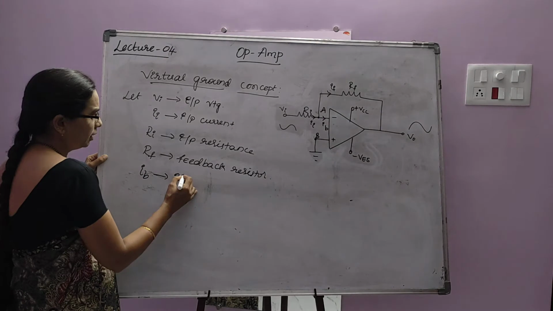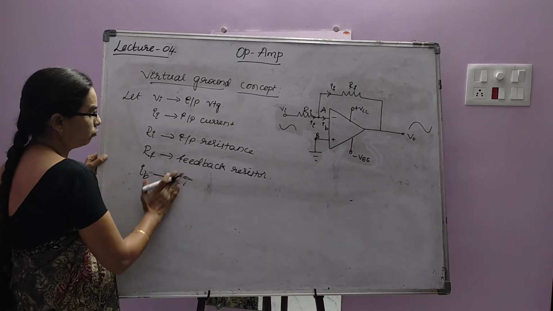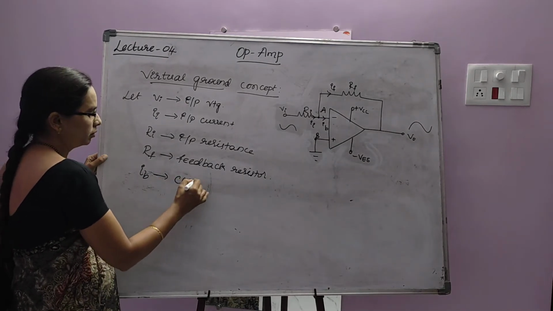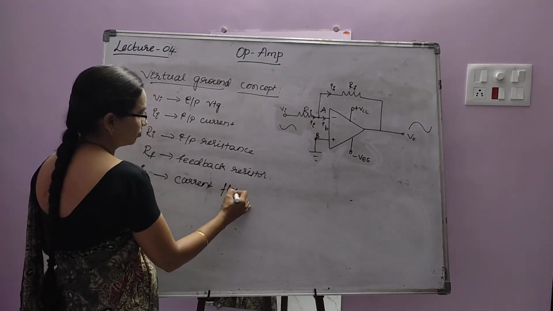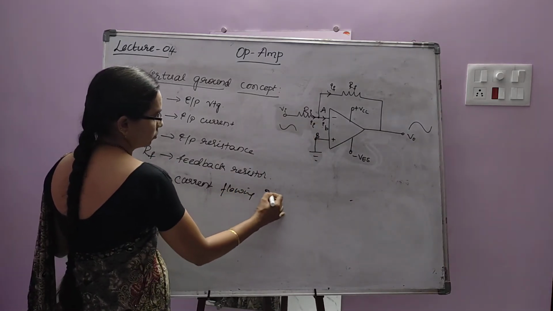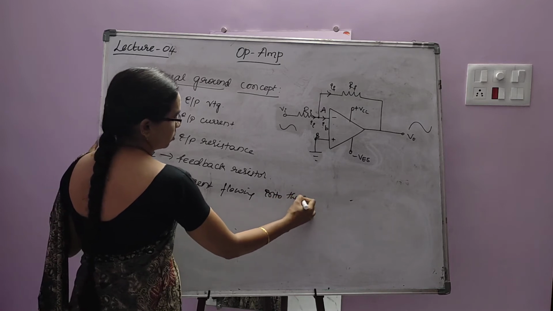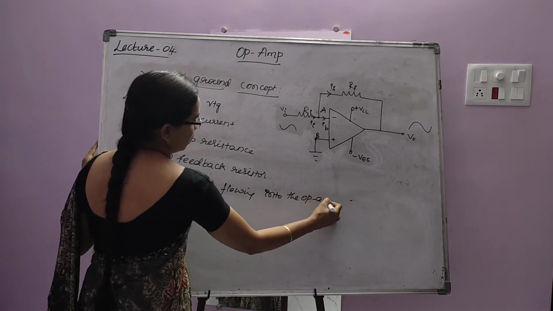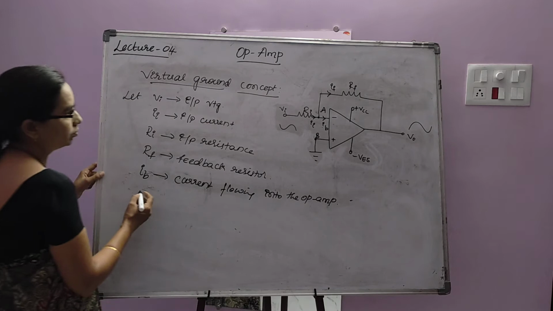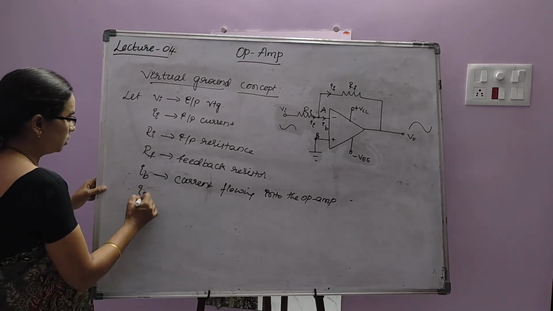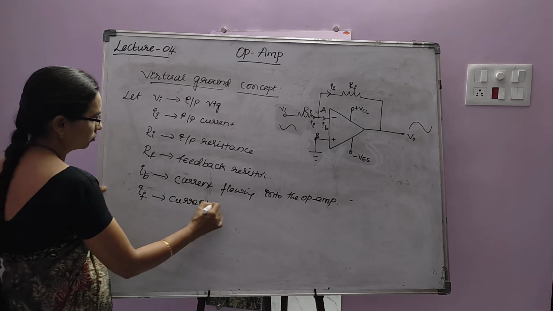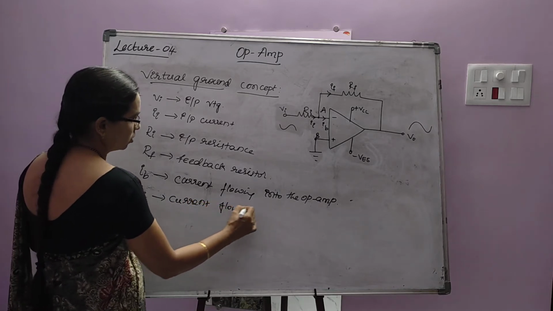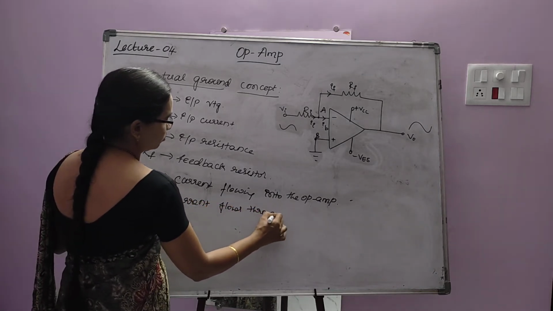IB is the input current flowing into the op-amp, and IF is the current that flows through the feedback resistor.